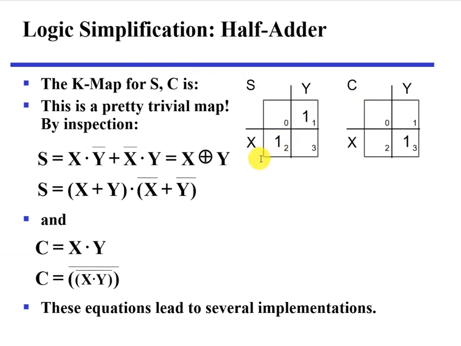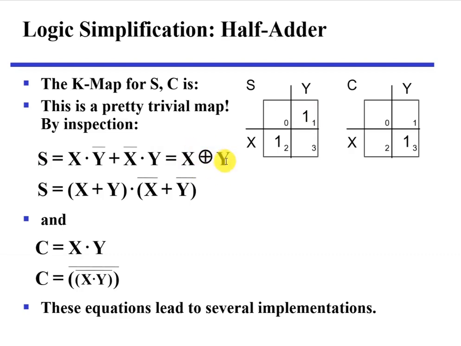We can see that the sum is equal to the following: x and y complement, we circle this one, and then x complement and y, another one. So this definitely is the exclusive OR operation.